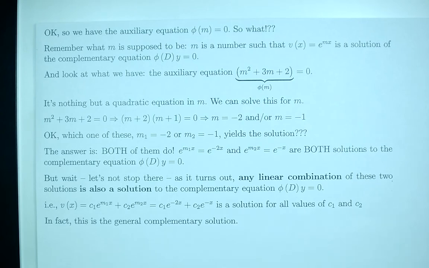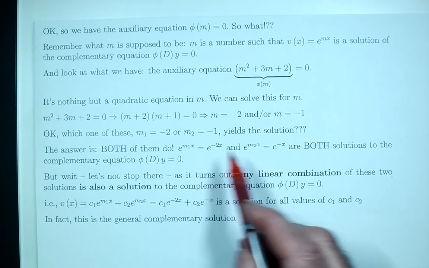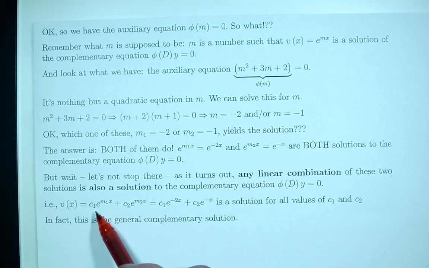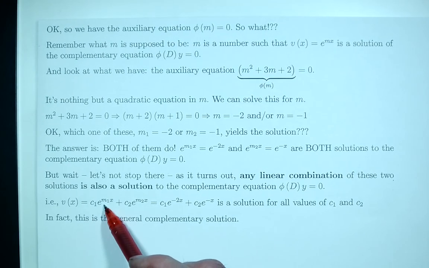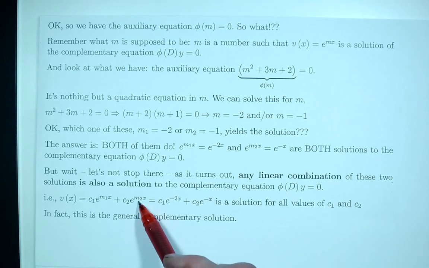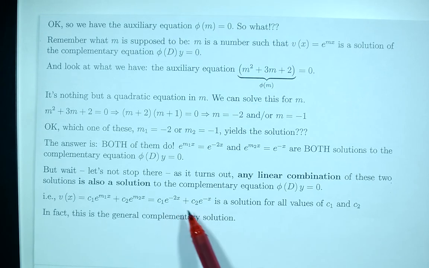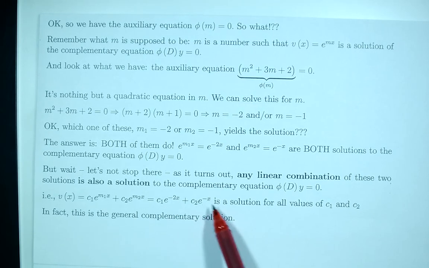But let's not stop there. We can keep on going. As it turns out, any linear combination of these two solutions is also a solution to the complementary equation. So in other words, a linear combination of this guy and this guy, in other words, some constant c1 times e to the m1x and some constant times this one, e to the m2x, or c1 e to the negative 2x plus c2 e to the negative x.